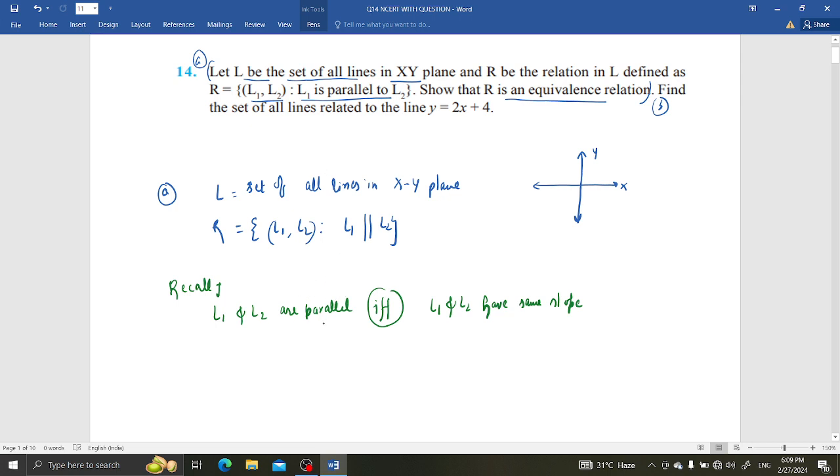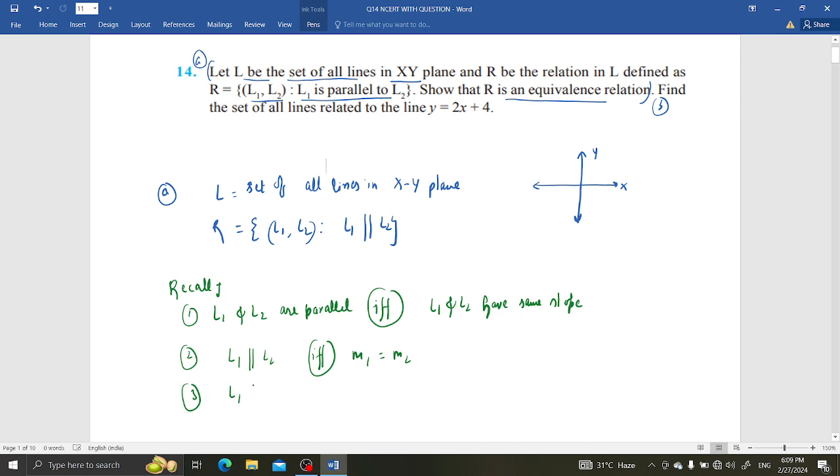Recall the results. This is the first result we need to recall here. L1 is parallel to L2 if and only if, in other words, if M1 is the slope of the L1 line and M2 is the slope of the second line, then M1 equals M2 if the lines are parallel.